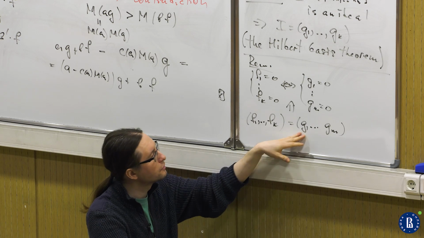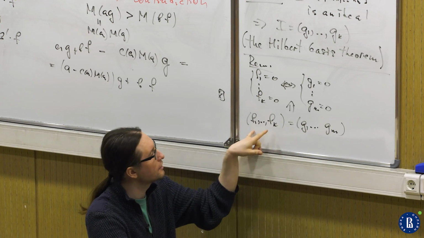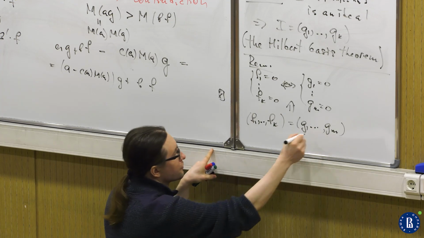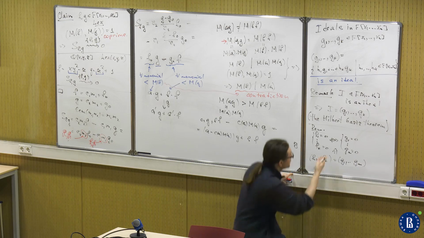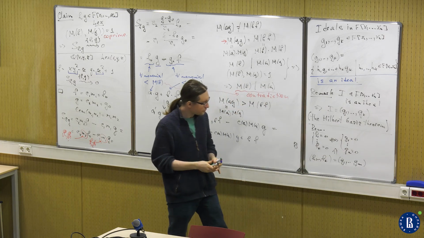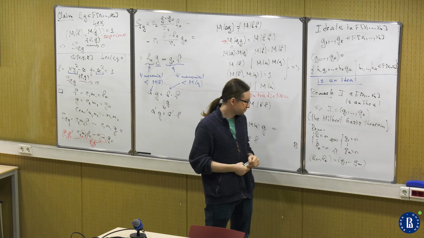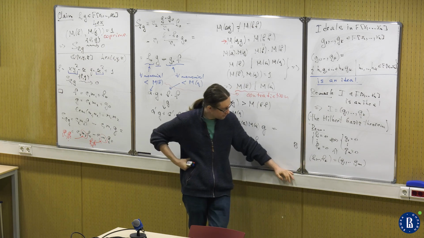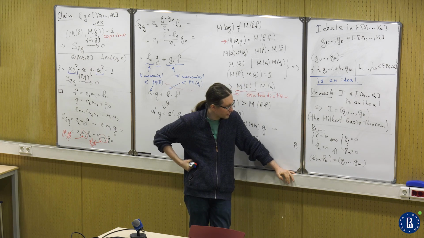So if we have one ideal, and this ideal is generated by two different sets of polynomials, then these two different sets of polynomials give you equivalent systems. So that's the first reason why we care about ideals.